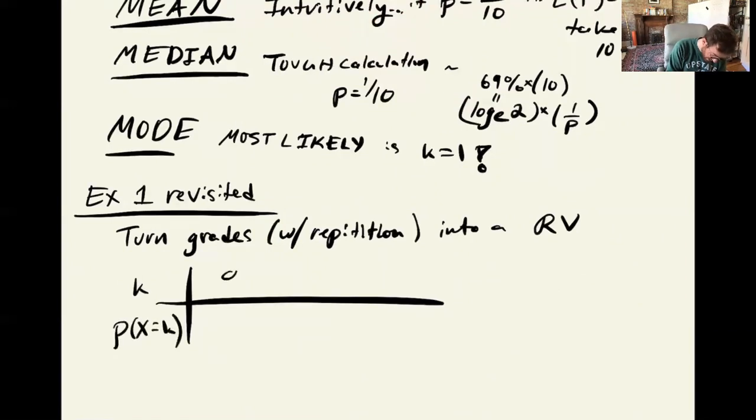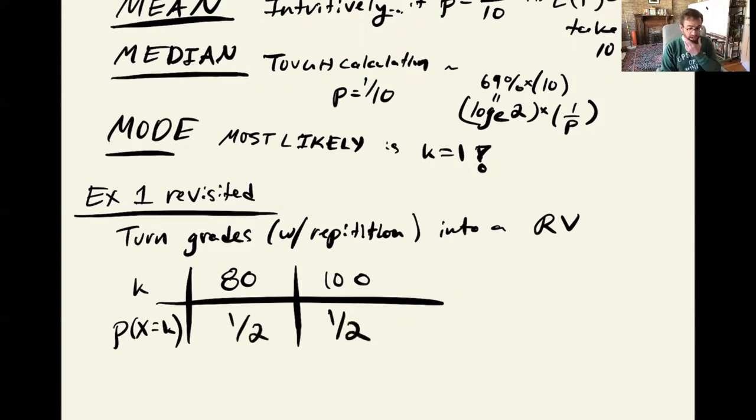Well, there were only 2 possible values. I guess there are more, but those had probability 0, so I'm not going to write them down. And so the probability of getting an 80 was a half, and the probability of getting 100 is a half. So another way of computing this average, x bar, was to take 80 times 1/2 plus 100 times 1/2.